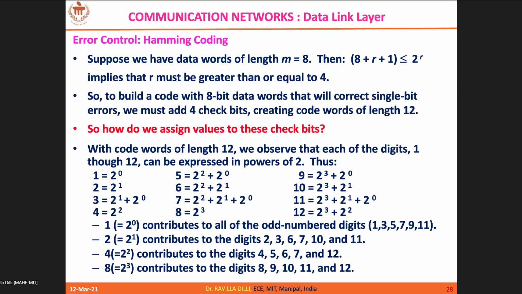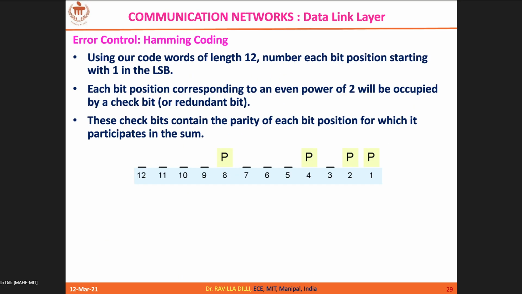Same thing, fine. So now you substitute these values in your reserved positions. R0 you substitute in position 1. R1 you substitute in the second position, which is 1. R2 you substitute in the 4th position, which is 0.